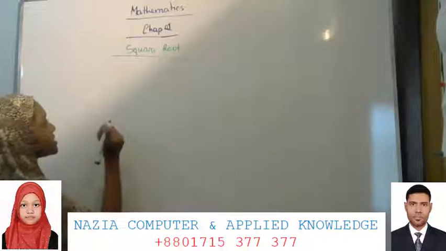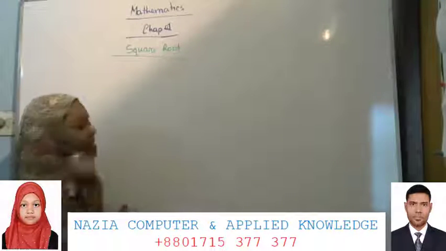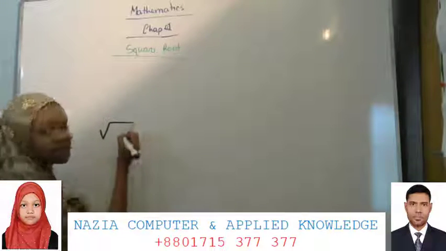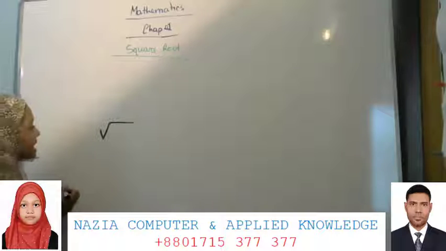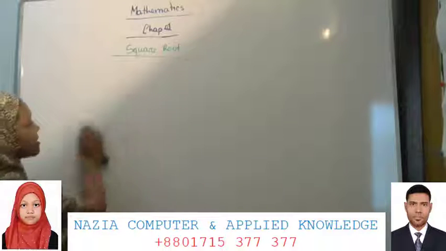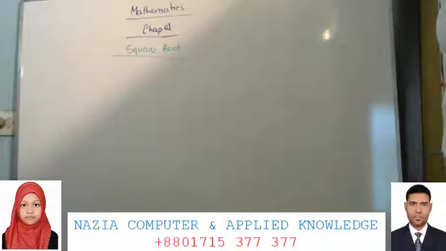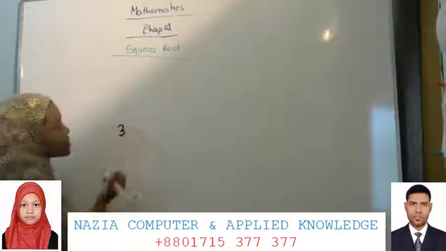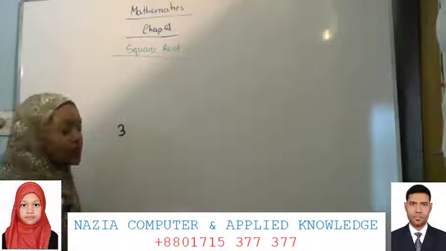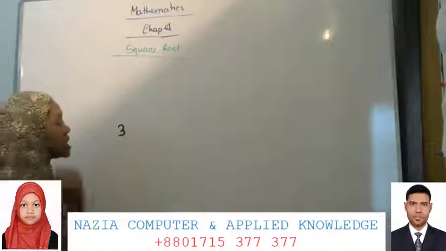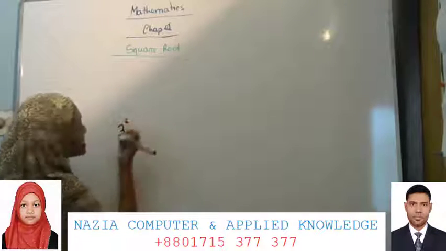Okay, so there is a symbol of square root that is like this. You can see that. So let's talk about a number like 3. If I ask you what is the square of 3, then you will put a square mark here.